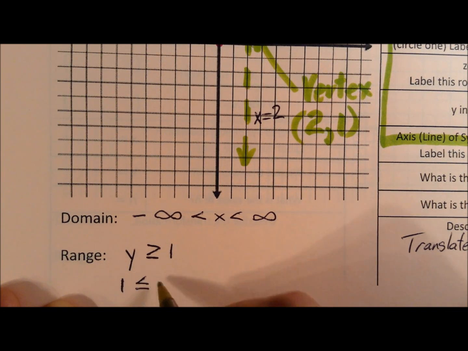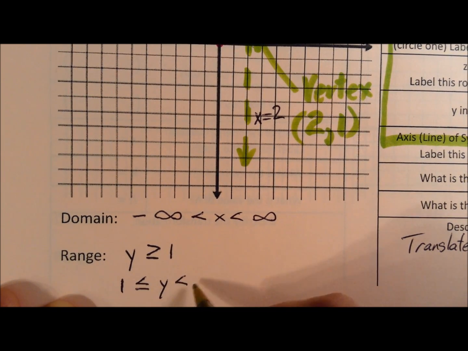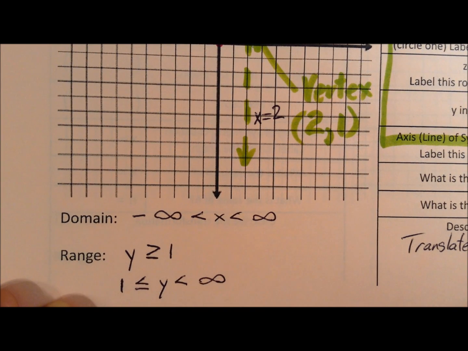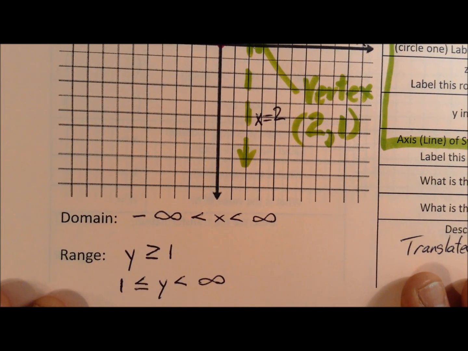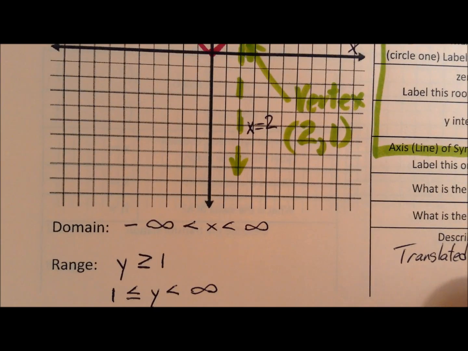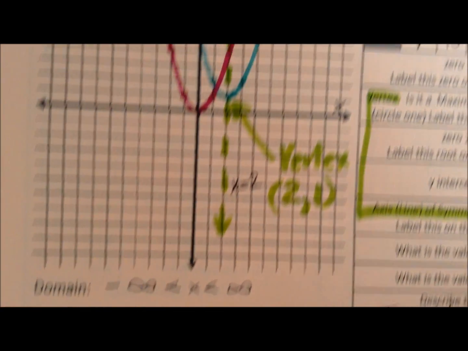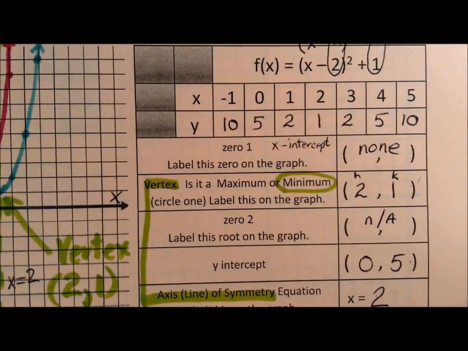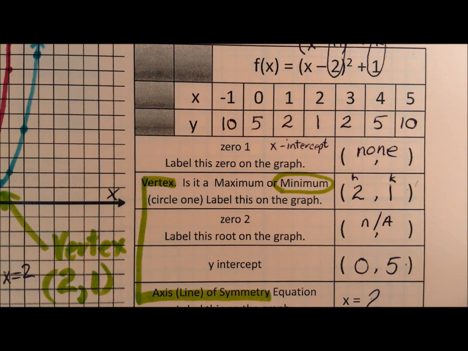I do touch that. And then y is continuing on upward forever. So either one of these two is correct. Okay? So let's look at another one. Make sure that you have all of this filled in before you move on to the next one.